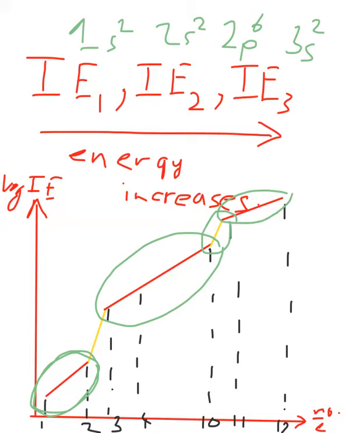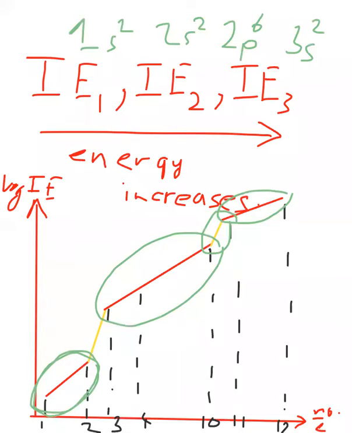And here this is closest to the nucleus, so it has maximum energy. This was the electronic configuration of magnesium, and this graph was for magnesium.